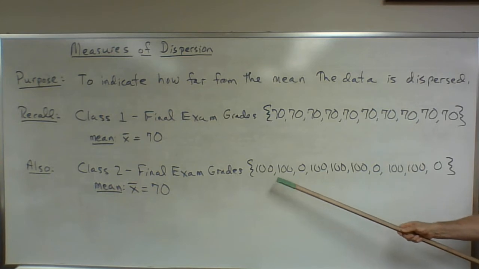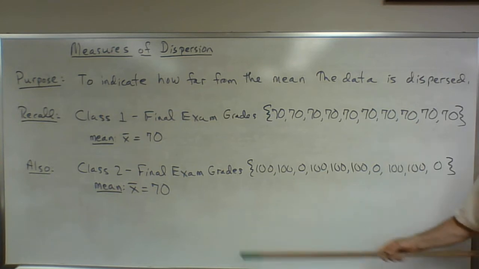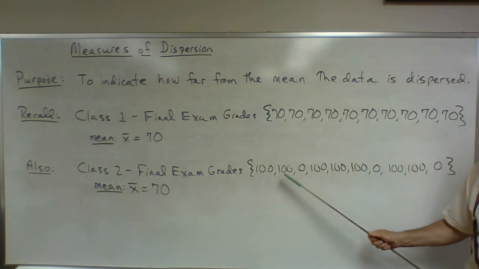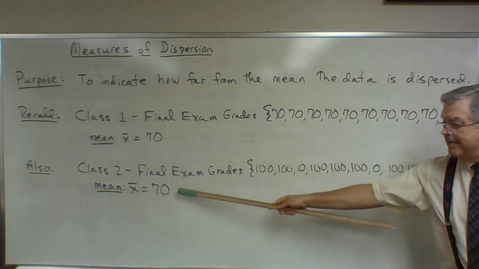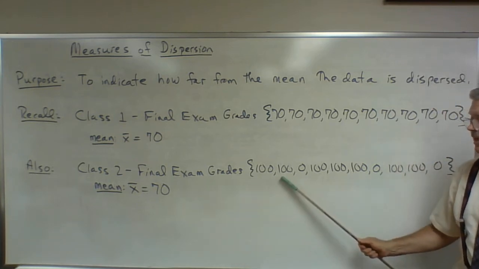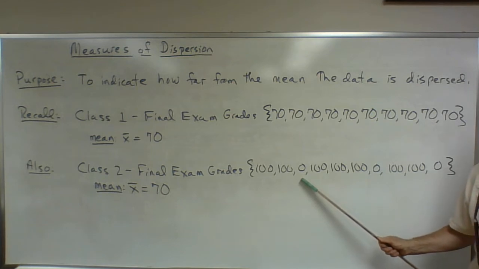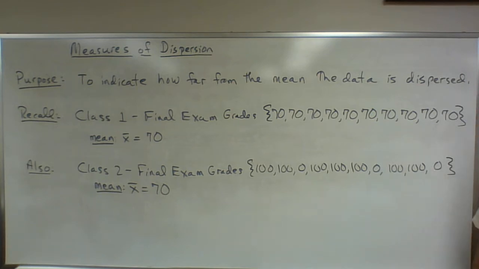But look at these test scores in relation to the arithmetic mean. The closest test score to the arithmetic mean is 100, and that's 30 units away. Some of the test scores, like 0, are 70 units away from the mean.